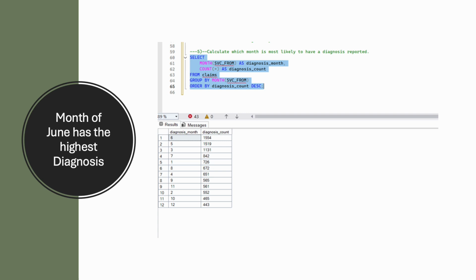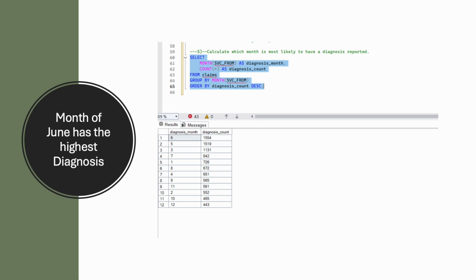I drag all my data from the claims, and then I group them by the month of service, and then all that goes towards the diagnosis, how many diagnoses we have, like the most of them. And once I executed this command, this is what I got. So the month of June has the highest diagnosis count, 1,554, and that's it. So this is the answer for that.